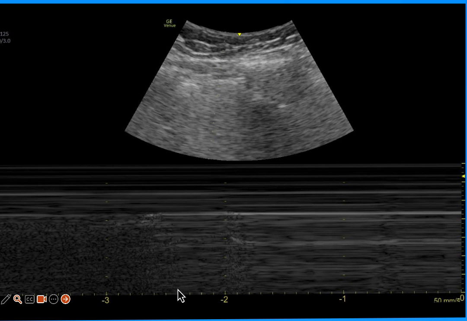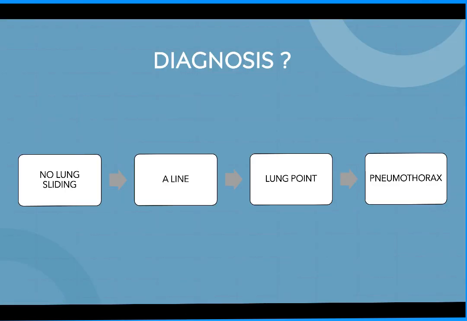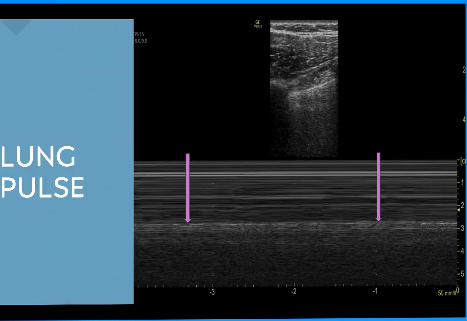So this point between where there is normal lung sliding and no lung sliding is called the lung point. So back to our patient. Our patient who is dyspneic, tachycardic, tachypneic, who has no lung sliding, does have A lines. We do see a lung point. What's the diagnosis? You got it. The patient has a pneumothorax.